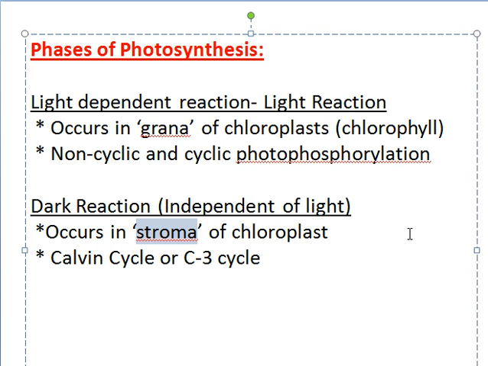Now, dark reaction can take place in a variety of ways. One of the ways which we will discuss in this lecture is the Calvin cycle or the C3 cycle. There are other ways also, like it can occur through another pathway known as the C4 cycle.